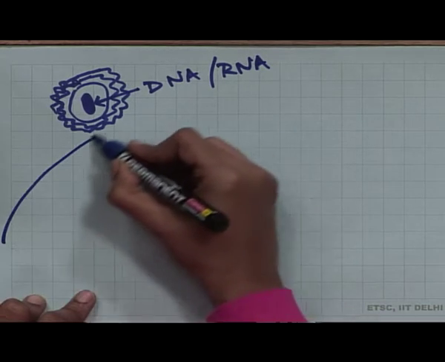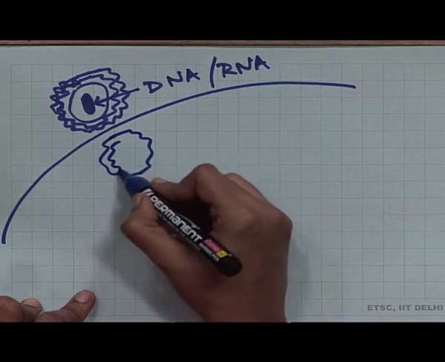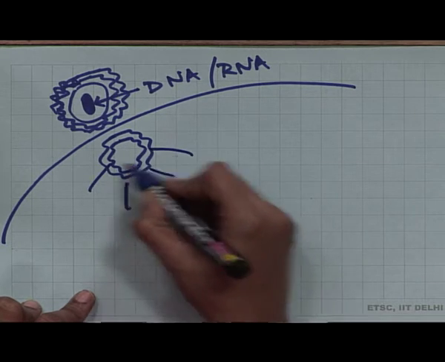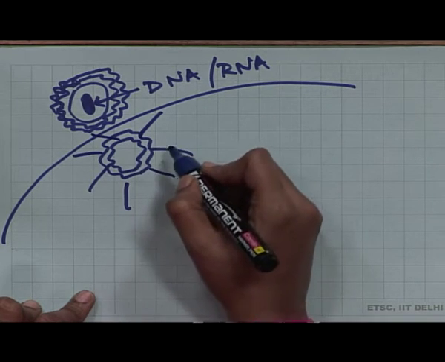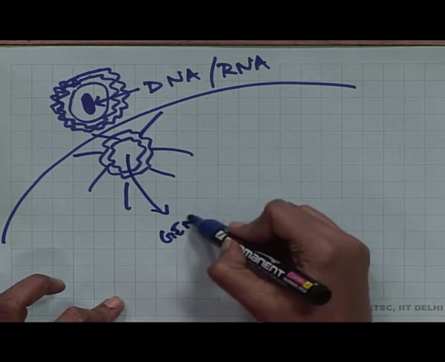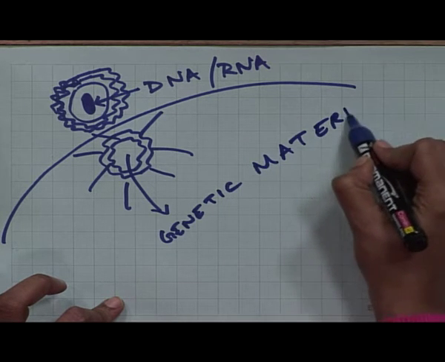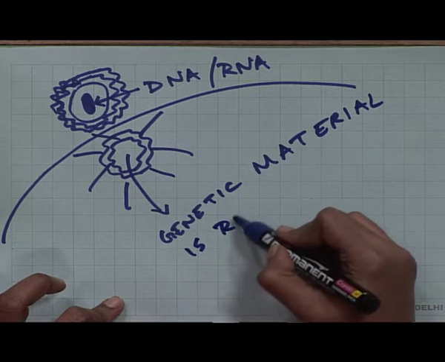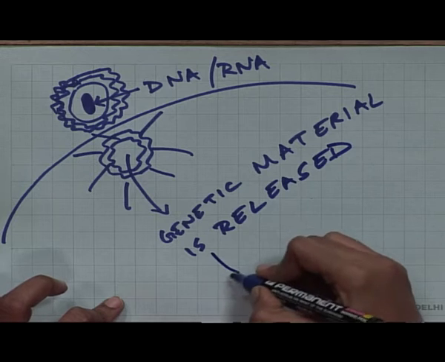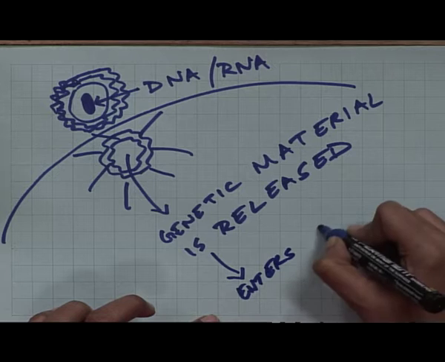And when the virus infects the cell, the viruses enter the cell, then the whole structure of the virus is disassembled. The genetic material is released and the genetic material enters the nucleus.